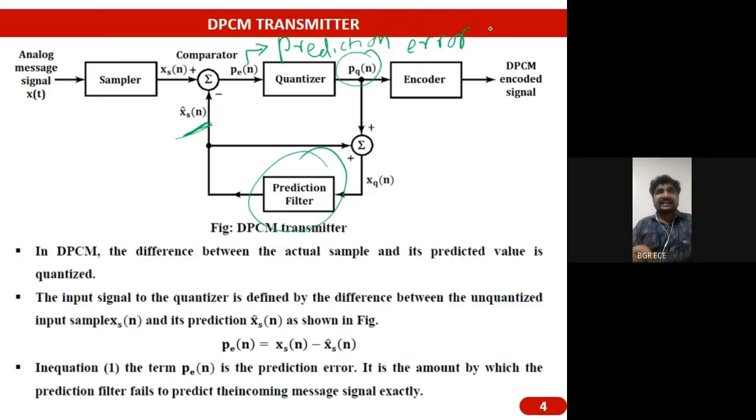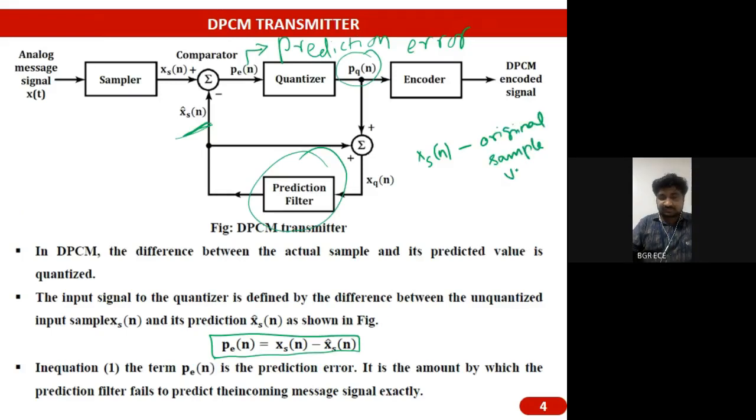And this prediction error is determined as PE of n is equal to xs of n minus xs cap of n, where xs of n is the original sample value at n, and xs cap of n is the estimate of xs of n.